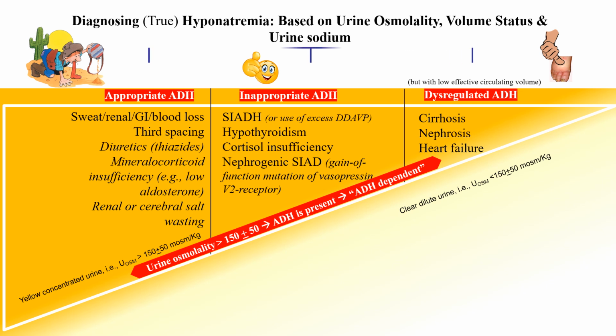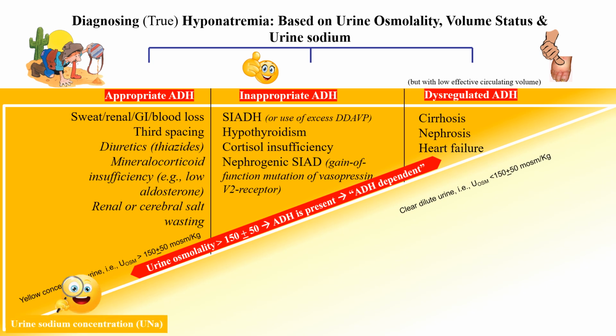When volume status is difficult to assess, we can also rely on urine sodium concentration. In patients with hypovolemia or hypervolemia, but low effective circulating volume, the kidneys will try to hold on to as much sodium for the body as possible.